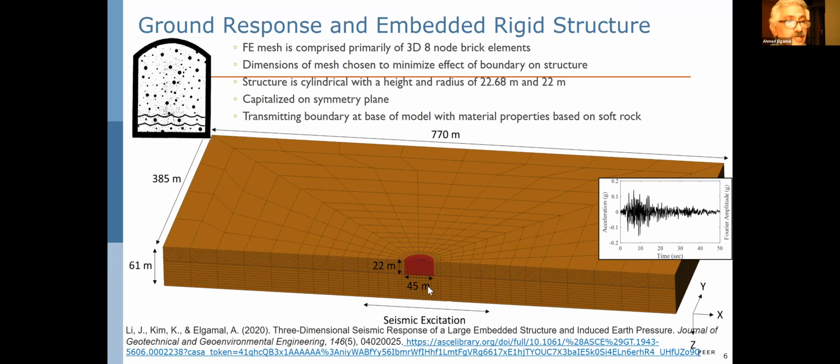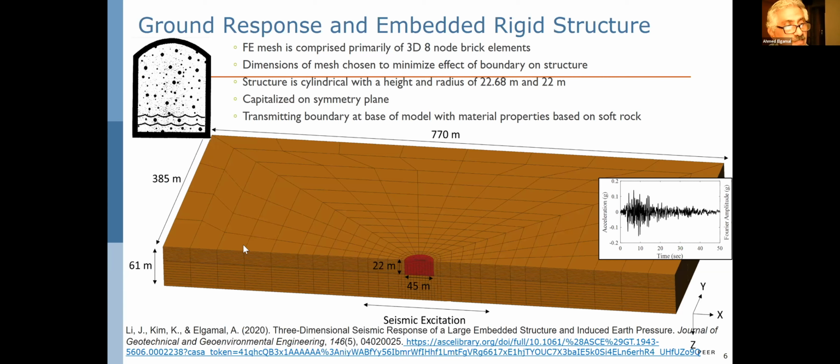And actually, these dimensions very much are taken from dimensions of a very early study that was conducted by Seed and Idris, again, of the response of an embedded structure. And so we followed from there, and we worked in 3D to look at this problem.